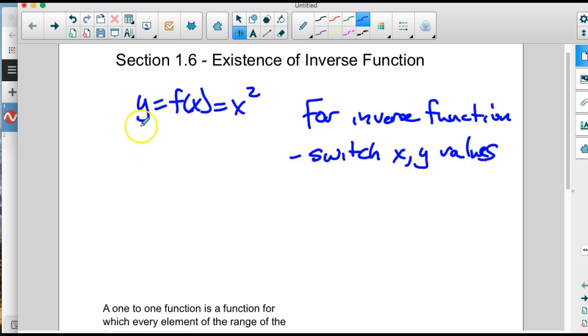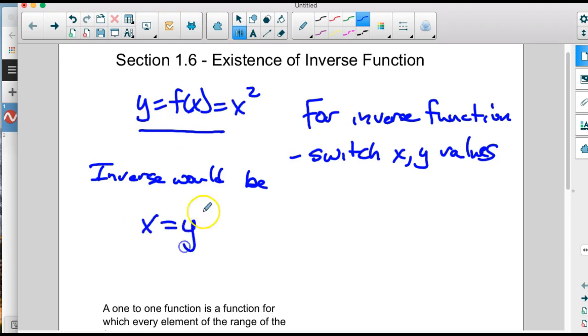So if we had this as our function, then our inverse function would be, instead of y equals x squared, x equals y squared. So let's take a look at that graph. What does that graph look like? And see if it is a function.